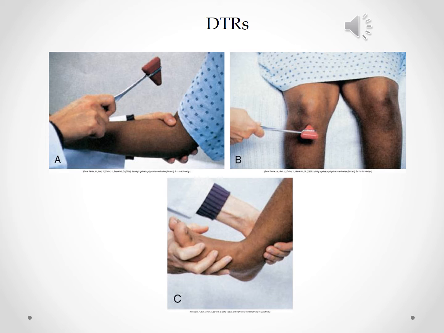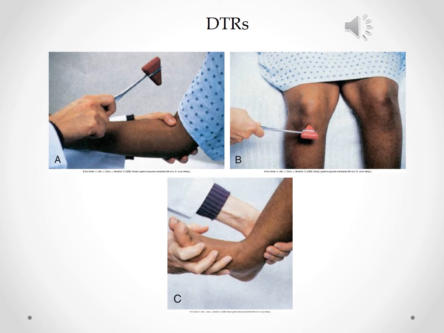B is the patellar reflex. That's one we're all familiar with doing. It's important that what you're looking at really is what the quadricep muscle is going to be doing. So you're going to see the lower leg kick out, but what you're really assessing is that quad muscle. Sometimes you can put your hand on the thigh, and then when you strike with the patellar hammer, you will actually feel the muscle contract.